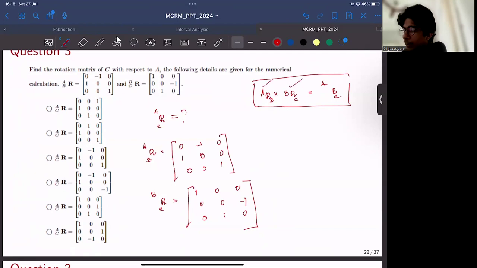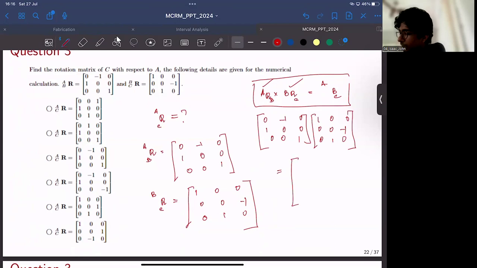It's only a process of multiplying these two matrices out. So it's 0, minus 1, 0, 1, 0, 0, 0, 0, 1, times 1, 0, 0, 0, 0, minus 1, 0, 1, 0.